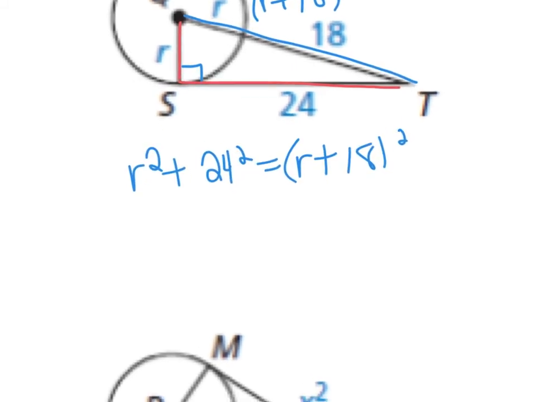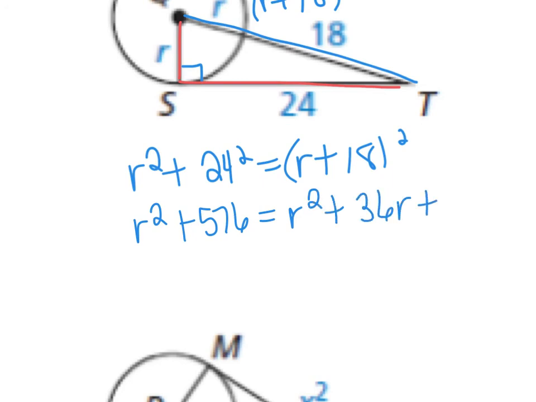Okay, you go ahead and pause the video. I'm going to go through this kind of quickly, just so you get the idea again. We have R squared. 24 squared is 576. R plus 18 squared, remember you could use the box method, or you could do R plus 18 times R plus 18, but you would get R squared plus 36R plus 324.